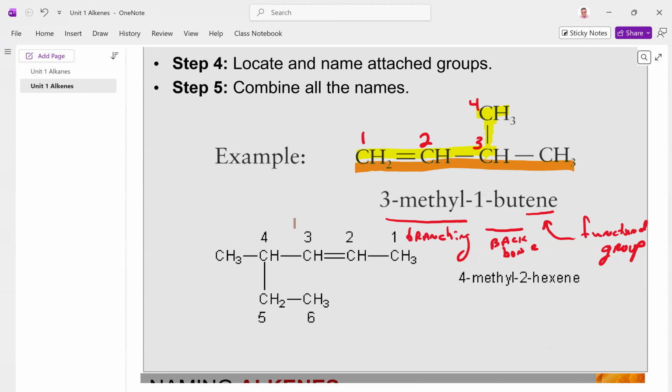Notice it includes the double bond. They're both 4 carbons long. So if it's an equal number of carbons, you get a choice. Which one do you like better? Doesn't matter. Because see, the branching with the orange one occurs at carbon number 3. With the yellow one, the branching occurs at carbon number 3. So there's no difference, and the name is going to be the same, as long as you choose the longest backbone that contains a functional group.